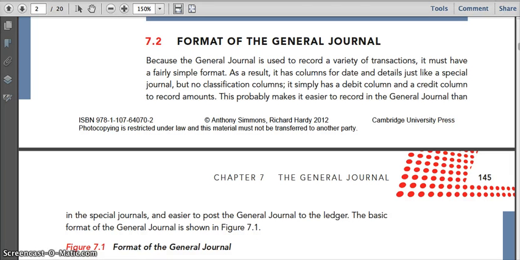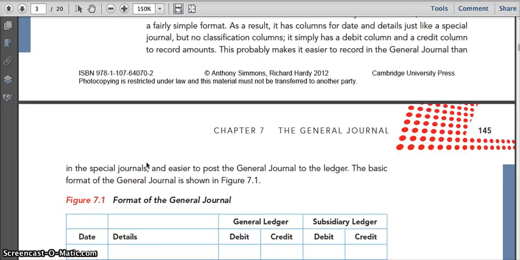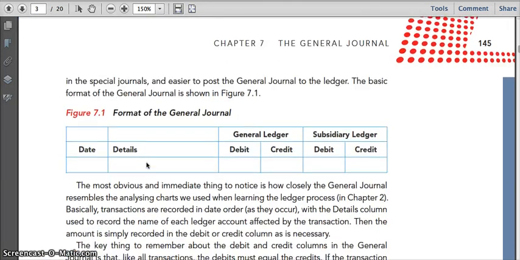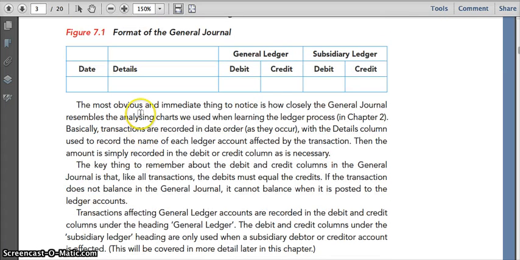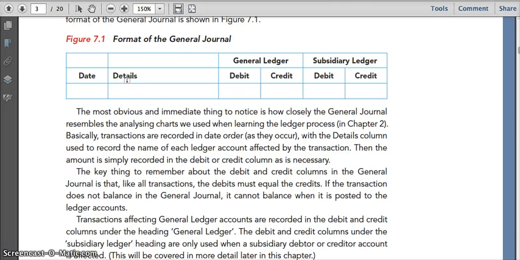Okay, so now that we've had a little bit of an introduction to general journals, we'll just have a quick look at the format. Really straightforward format. It's going to be a lot easier to learn compared to some of the special journal stuff that we've been doing. So this is what the general journal looks like.